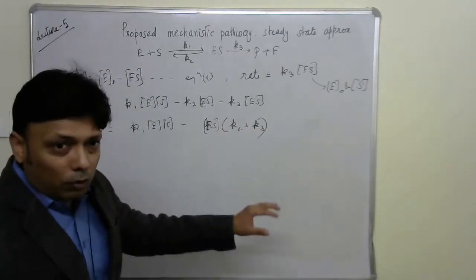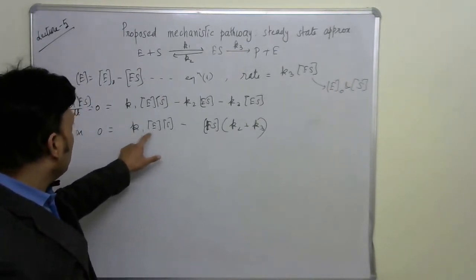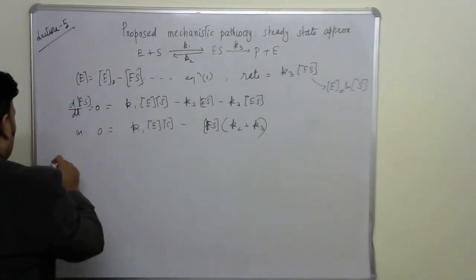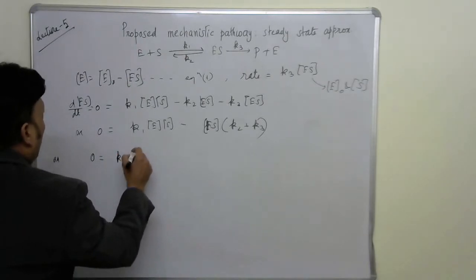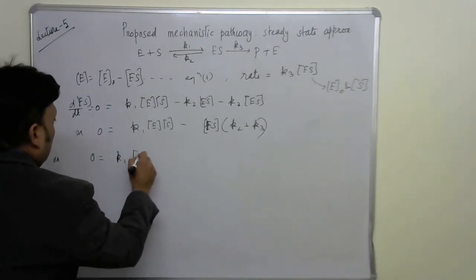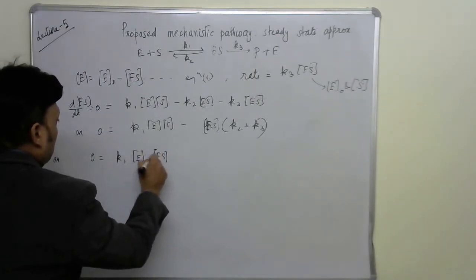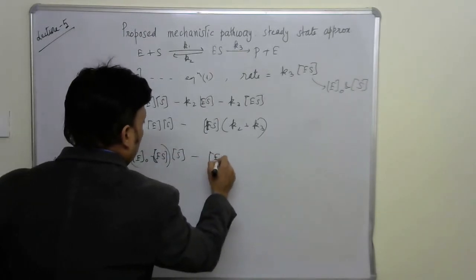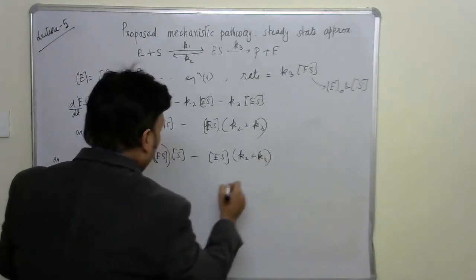Now here we have E, and we are going to replace this E with E naught minus ES from equation 1. So we write 0 is equal to K1 (E naught minus ES) multiplied by S minus ES multiplied by (K2 plus K3).